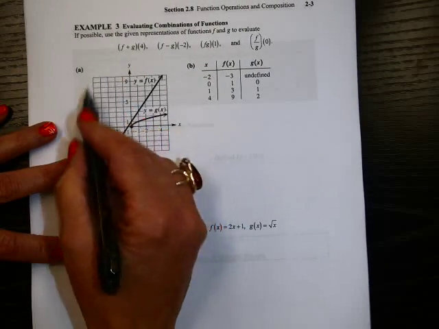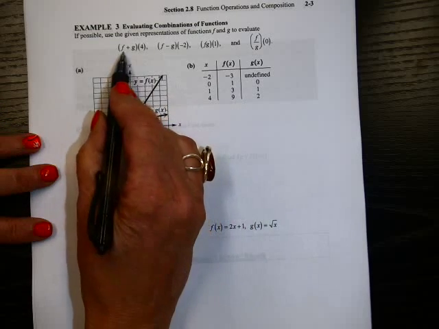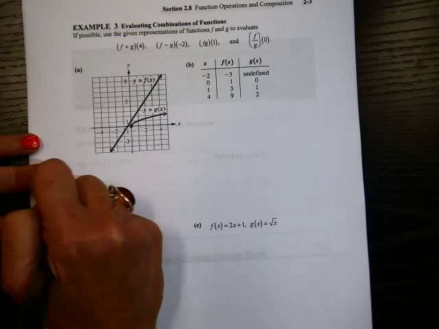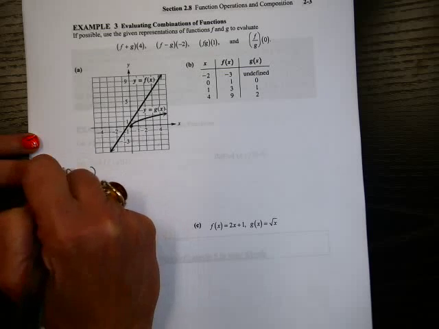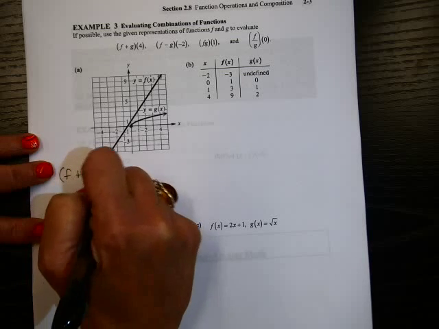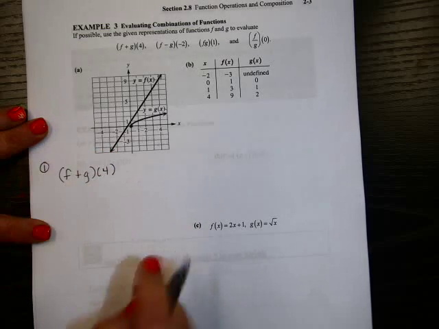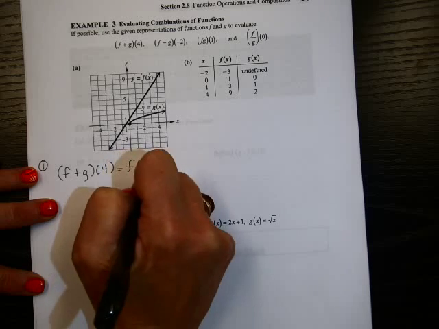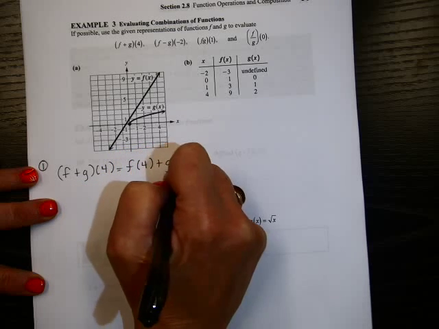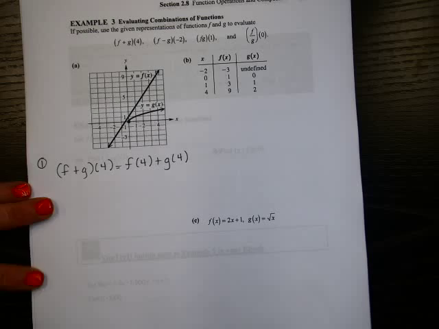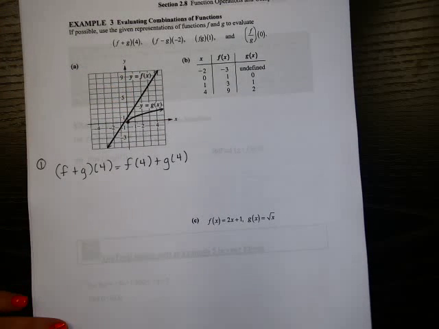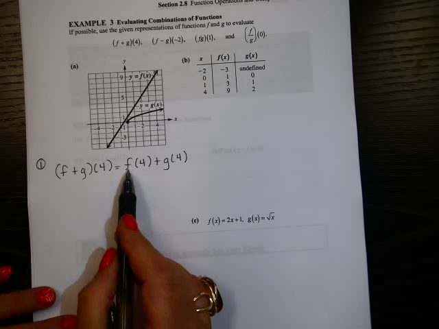Let's look at A, f plus g of 4. So remember, f plus g of 4, call this the first one we're going to do, means f of 4 plus g of 4. And you're going to say, what do I do to get f of 4 looking at this? Remember, this is your f of x.